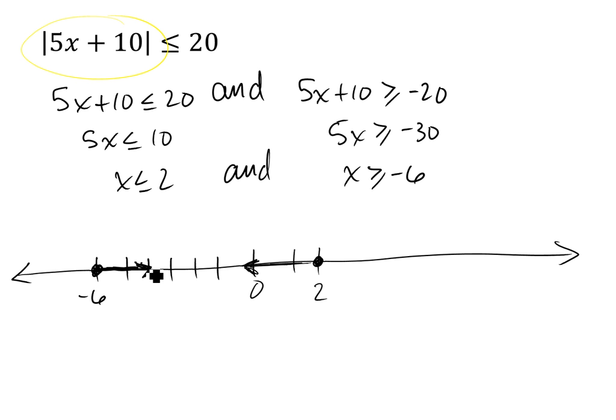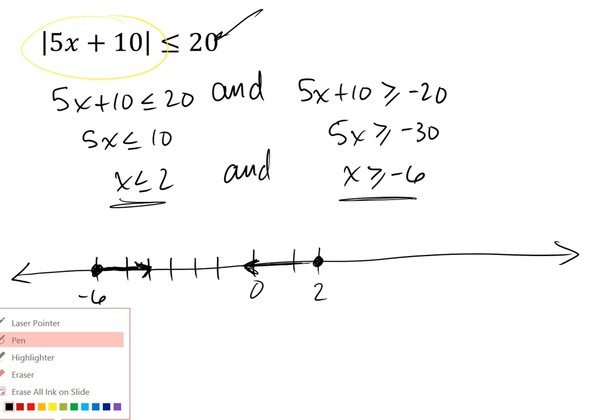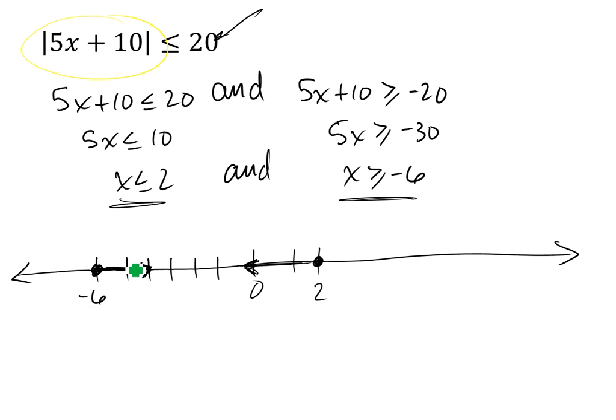And of course, when I join things with and, in order for this statement to be true, both of these conditions have to be met. So x must be both greater than or equal to -6, and less than or equal to 2. So what we're identifying here is that there's just this one region in between, the go region. And x's are all those values that are inclusive of the endpoints. Those are the values of x that will satisfy this inequality.